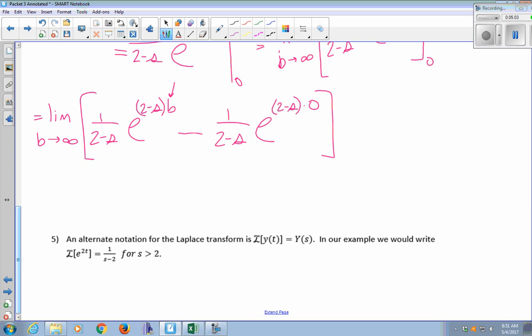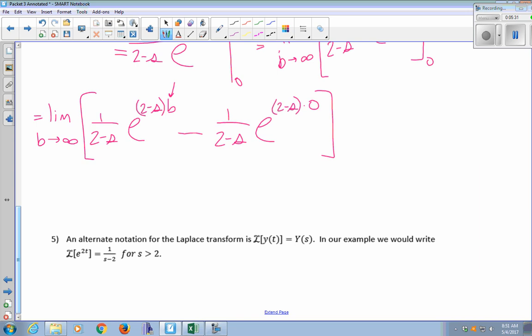If you're thinking about what happens to that exponent when b gets really big, it depends on 2 minus s. Is that exponent getting really big positive or really big negative? It depends on what s is. So let's say that s is bigger than 2.